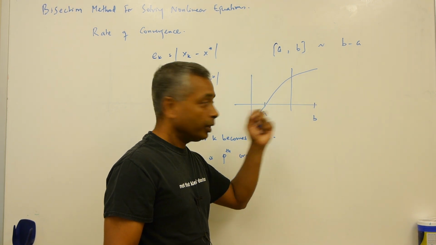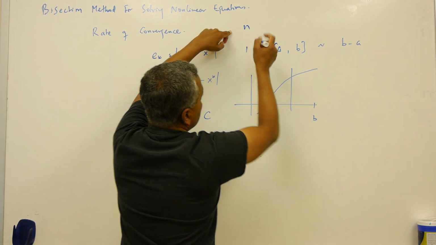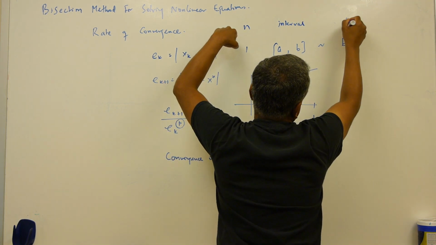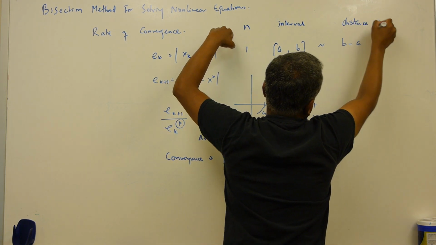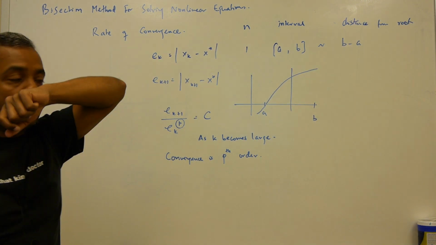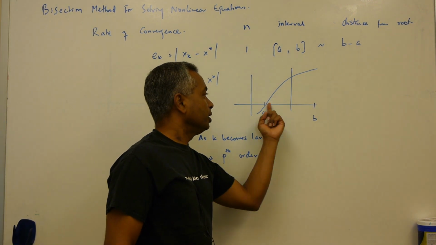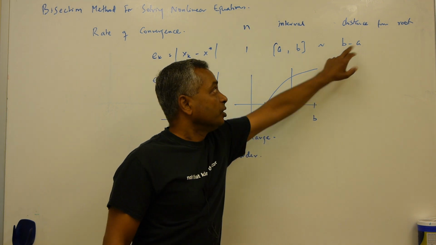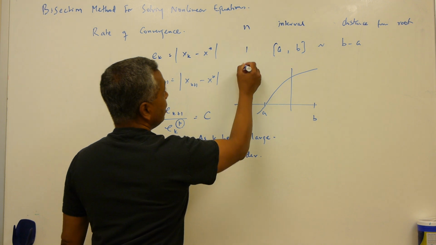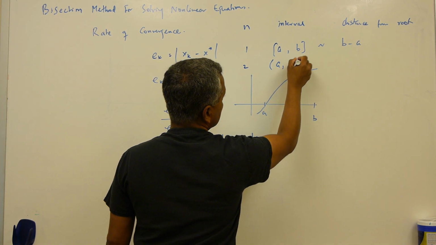So in the worst case, you could be something approaching b minus a away from the actual root. Let's say this is iteration 1, the interval, and the distance from the root in the worst case. You simply have an interval, you don't know where the root is. If you guess that the root is at b, the root could have been at a. So in the worst case, the distance is b minus a. In the second iteration, let's say the interval has now become a to a plus b over 2.